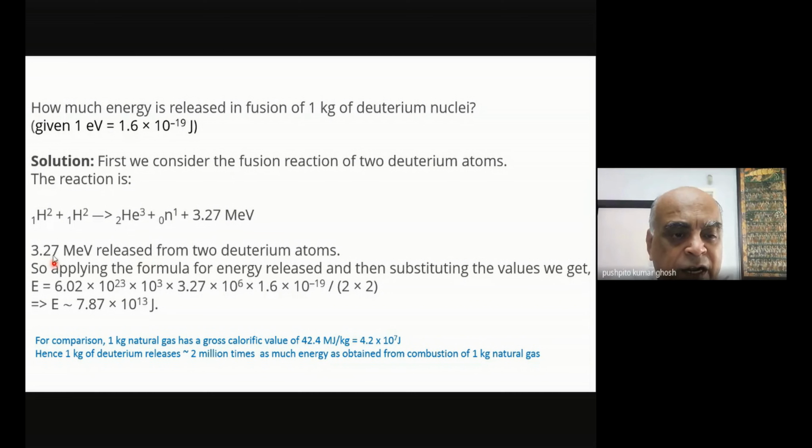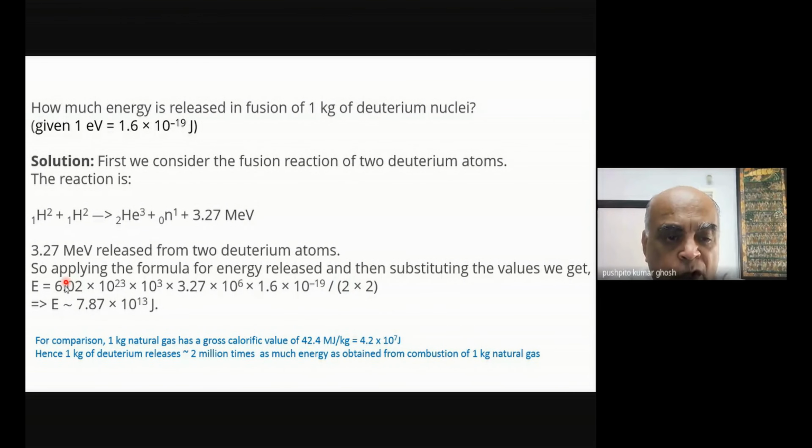One mole of deuterium will have 6.02 x 10^23 deuterium atoms, and it will have a total mass of 4, because there are 2 of these deuteriums that you require.